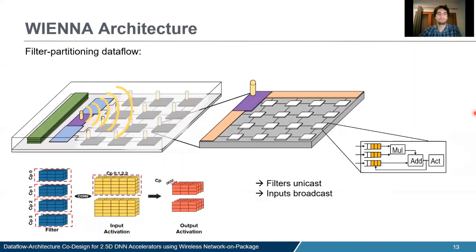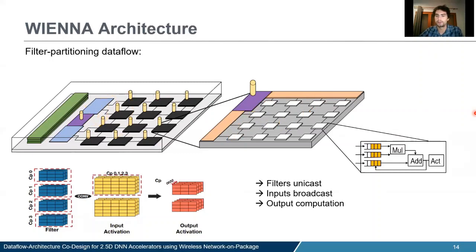Then the filter partitioning allows broadcasting the inputs, so that's what we are showing here. And then again, internally, the chiplets would distribute the input data. Next, the different PEs would compute the partial outputs by means of multiplication and other computations, and then the output activation. And finally, we would reduce all these partial outputs back to the memory via the electrical interposers.